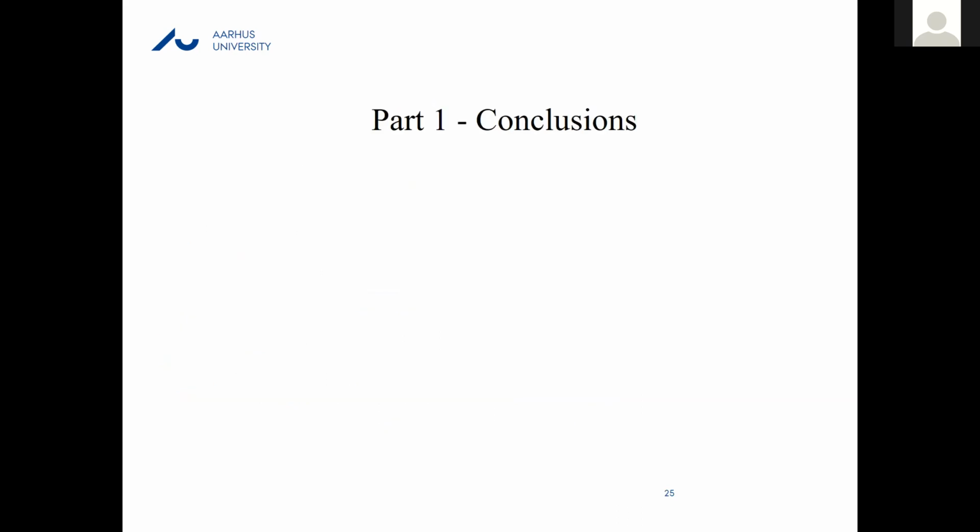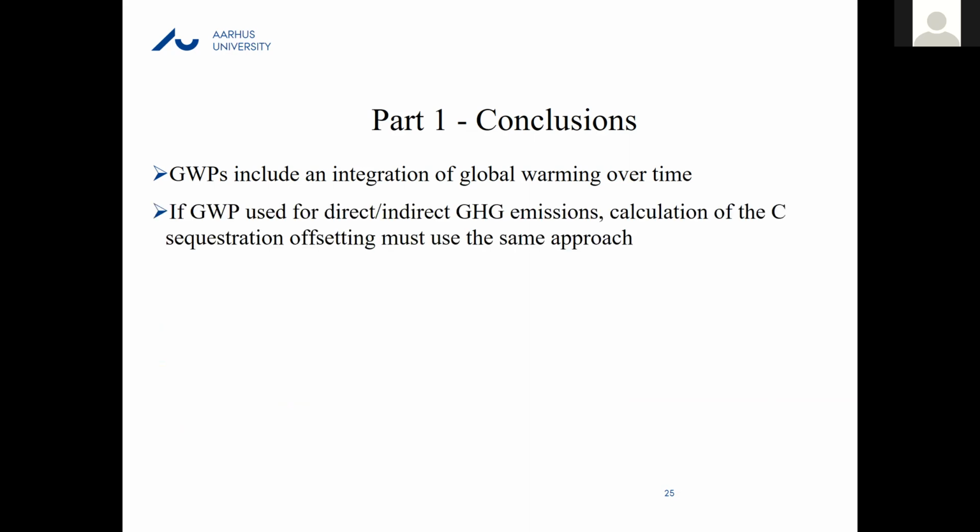So to conclude part one of this talk, global warming potentials include an integration of global warming over time. If the global warming potential is used to calculate the direct and indirect greenhouse gas emissions in terms of CO2 equivalents, then the calculation of carbon sequestration offsetting has to use the same approach.